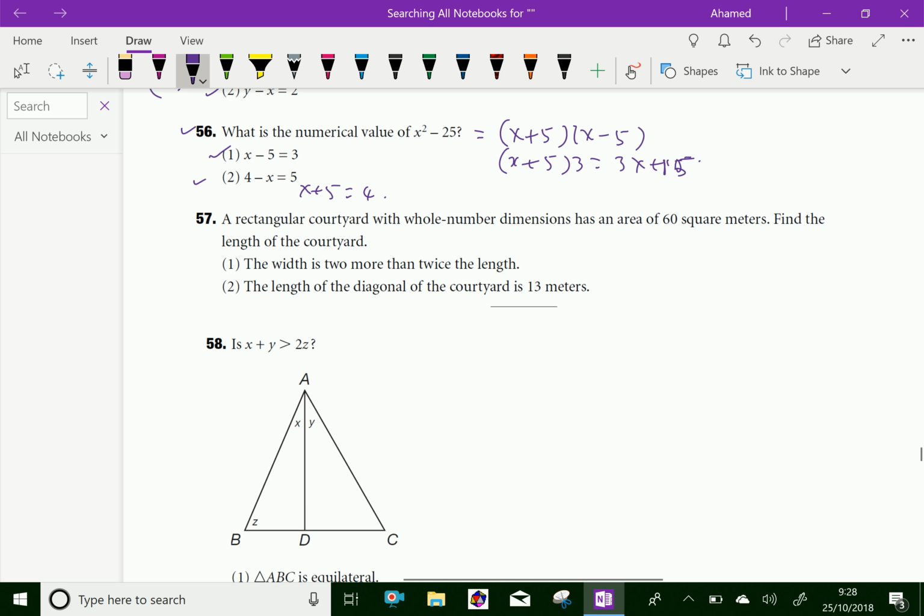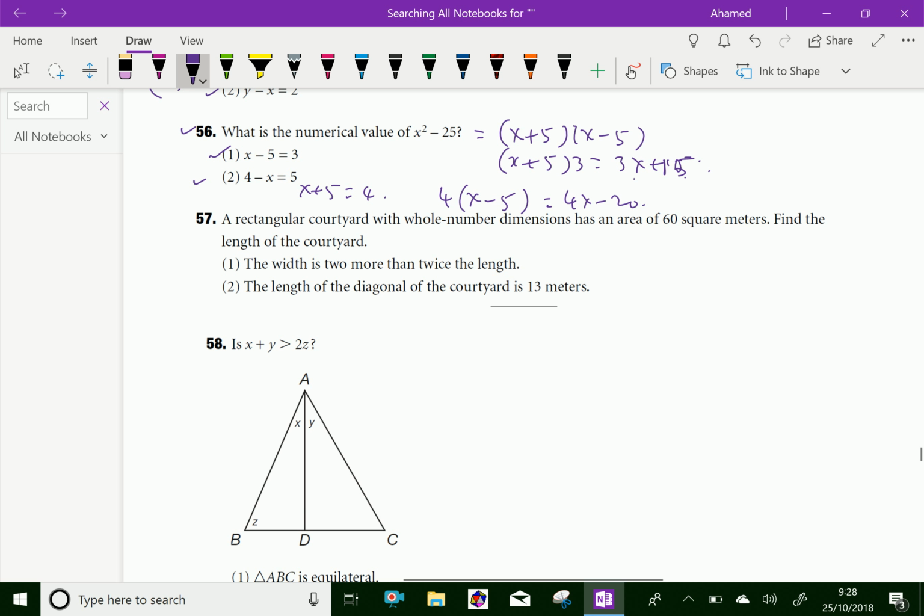They are asking for a numerical value. The first statement says x minus 5 equal to 3, so we get 3x plus 15 only. It's not a numerical value. The second statement is x plus 5 equal to 4. Therefore x squared minus 25, instead of x plus 5 you can write 4 into x minus 5, which is 4x minus 20.